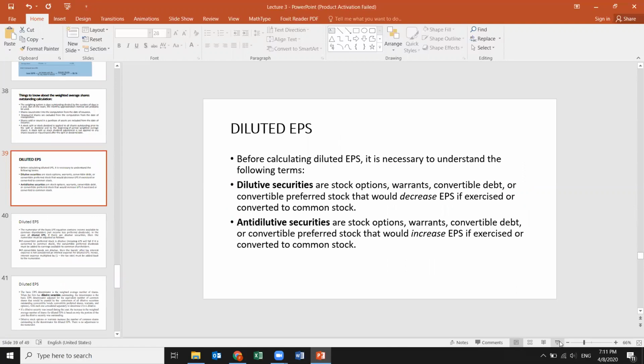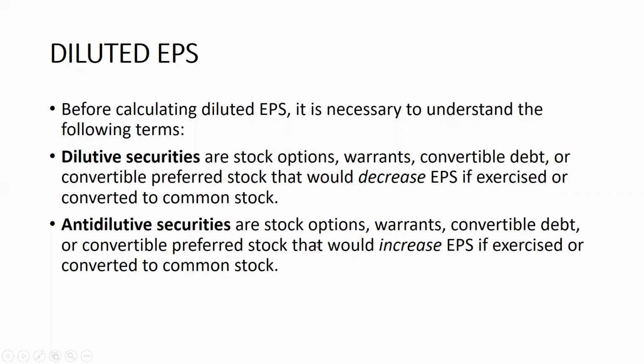So, coming to diluted EPS, before calculating it, it is necessary to understand that there are two types of securities under the complex capital structure. The first one is dilutive securities. The other one is anti-dilutive securities.